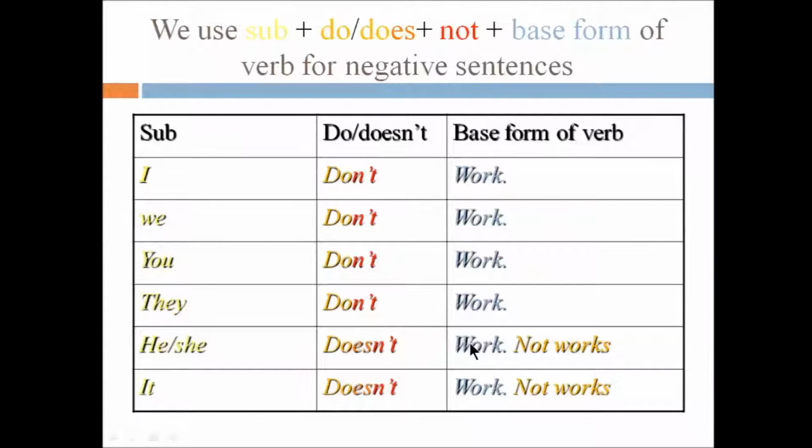The same thing here. When you want to make the negative form, you put doesn't or don't between the subject and the main verb. But there is no s after the main verb.